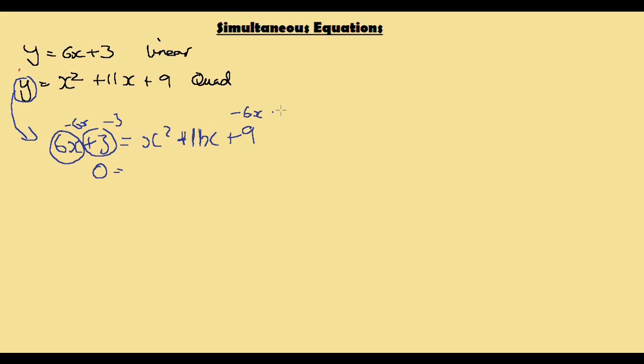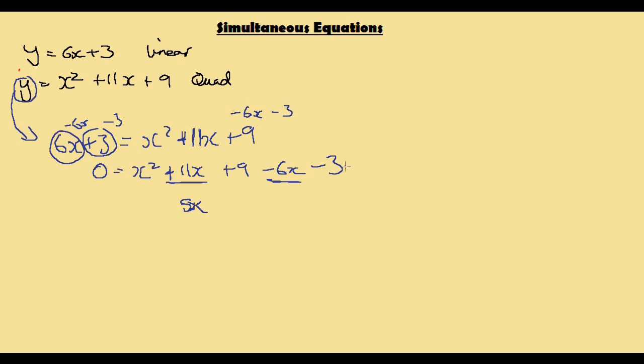We'll do that to both sides, and we get x squared plus 11x plus 9 minus 6x minus 3. Now we just need to collect the terms together. So this 11x take away 6x equals 5x.